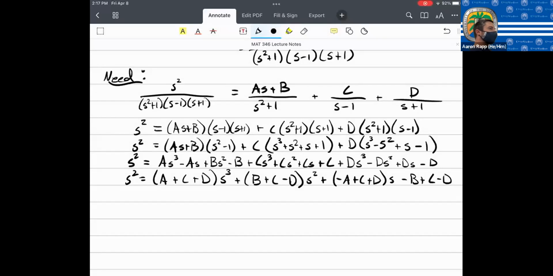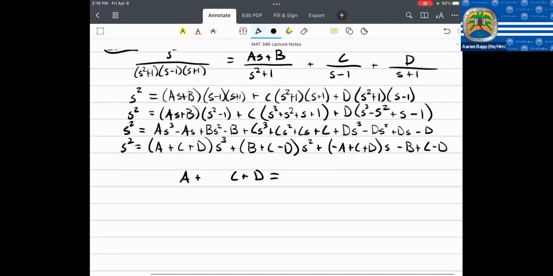So now I'm going to get 4 equations for 4 unknowns. The coefficient for my s cubed term has to be what? 0, because do I see an s cubed term on the left-hand side? No. Just got an s squared.